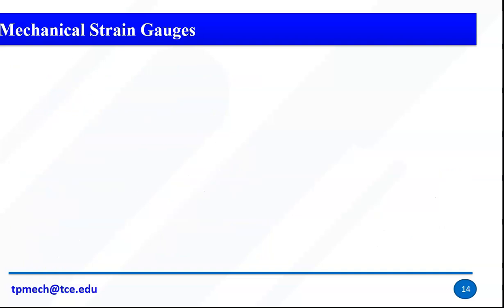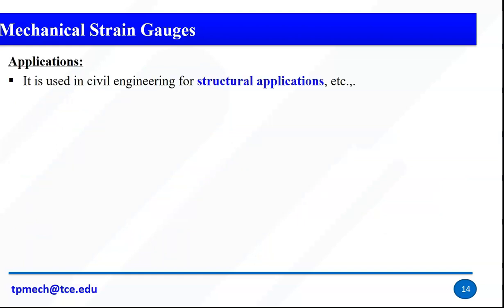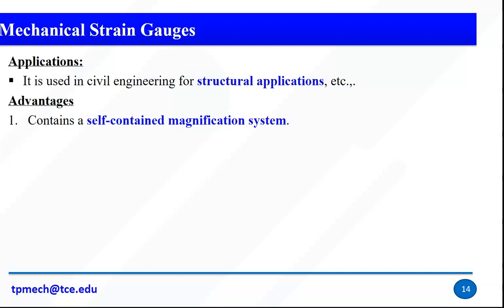Right, so this is a mechanical strain gauge. Applications: it is used in civil engineering for structural applications. Advantages: it contains a self-contained magnification system, because we have mechanical elements like the lever and points. So it is a self-contained magnification system, and there is no need to use auxiliary equipment.